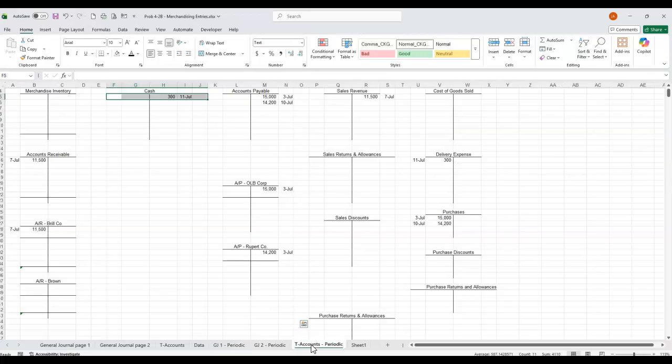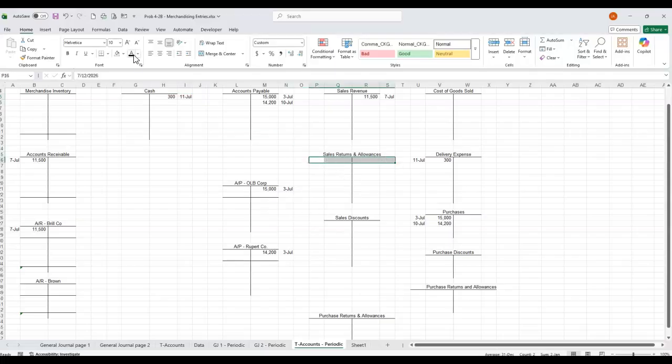But look what happens. We're going to do sales returns and allowances, the same entry we would make in the perpetual method. And we're going to reduce their accounts receivable to us by $2,000.